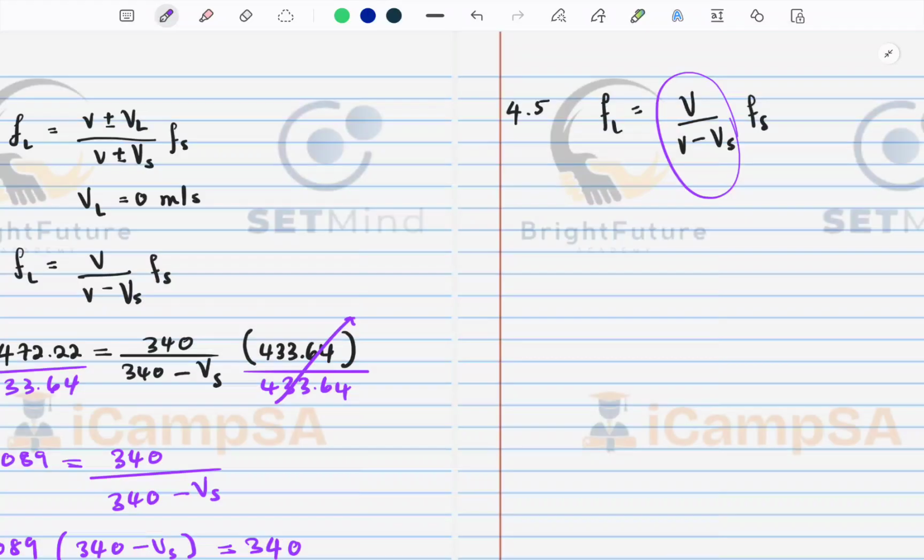Who's going to get more between these two groups? The 2 people are going to have larger portions compared to the smaller ones. So even here, we're going to have a greater frequency. It's going to be greater than this F_s.